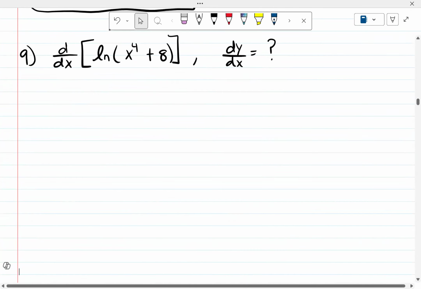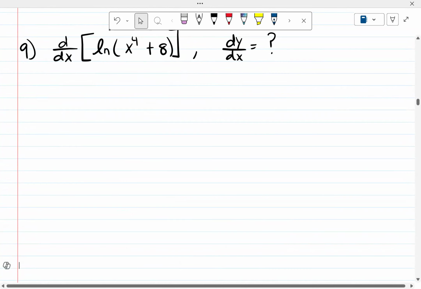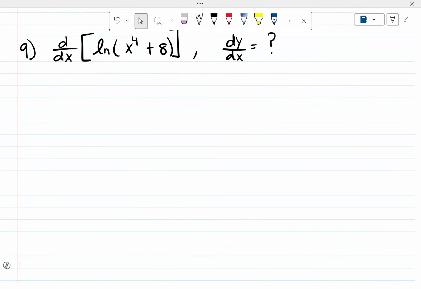Let's move on to question 9. So we have to find dy dx, basically the derivative of this, right? So dy dx is equal to, how do I take the derivative of ln of x fourth plus 8?